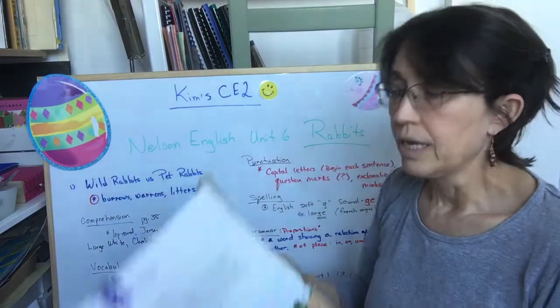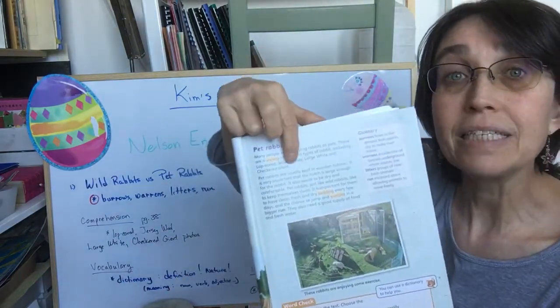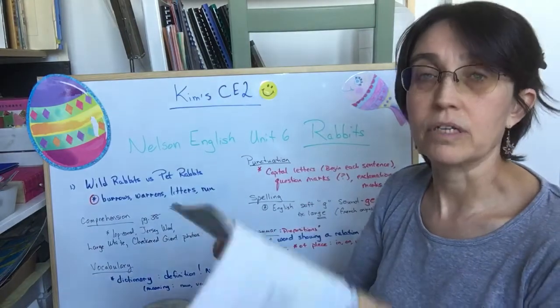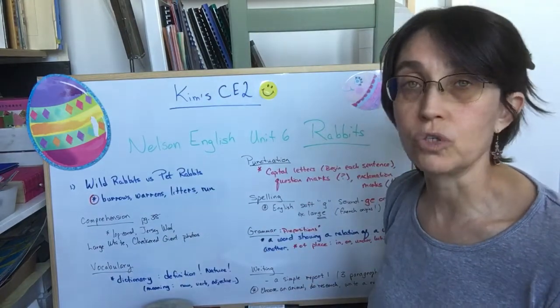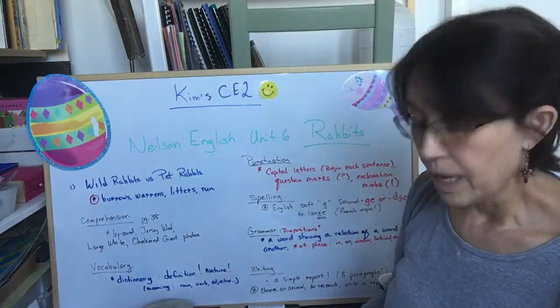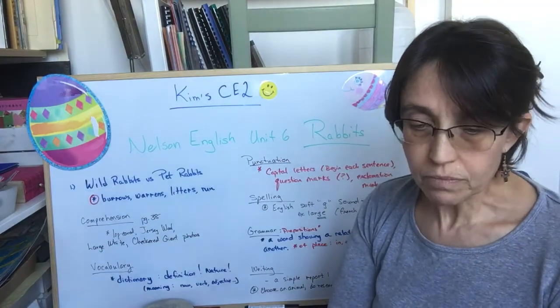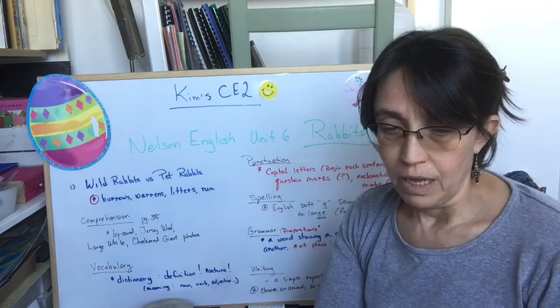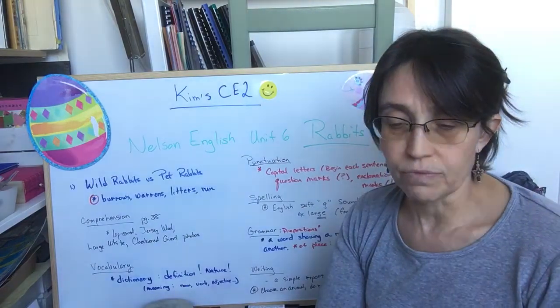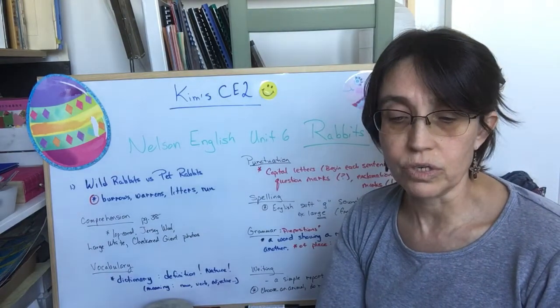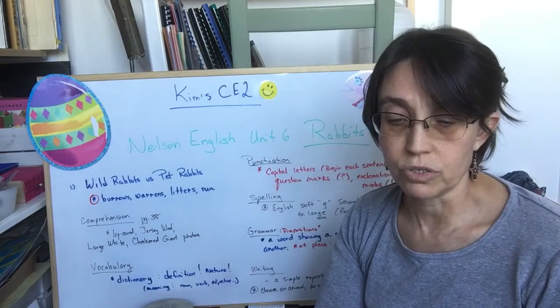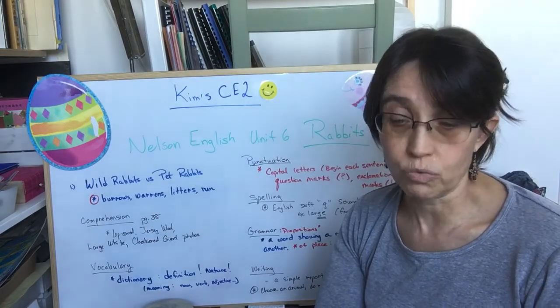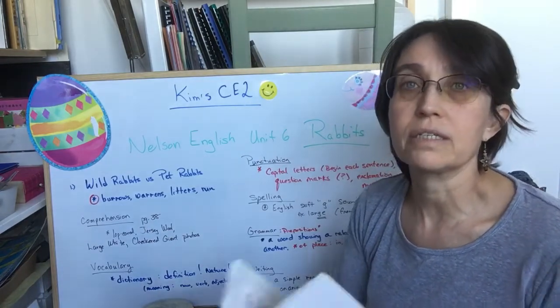Now let's take a look at pet rabbits. Domestic rabbits at home that you care for. Pet rabbits. Many people enjoy keeping rabbits as pets. There are a variety of different types of rabbit, including the lop-eared, Jersey woolly, the large white, and the checkered giant.